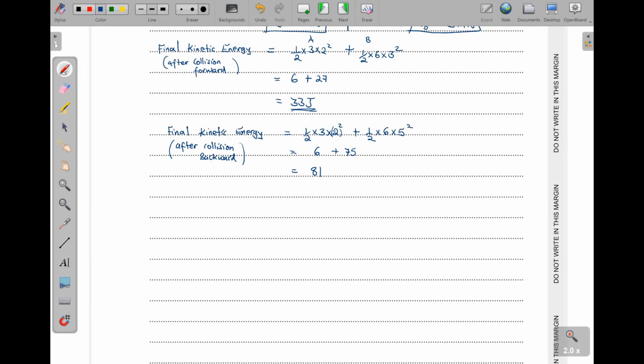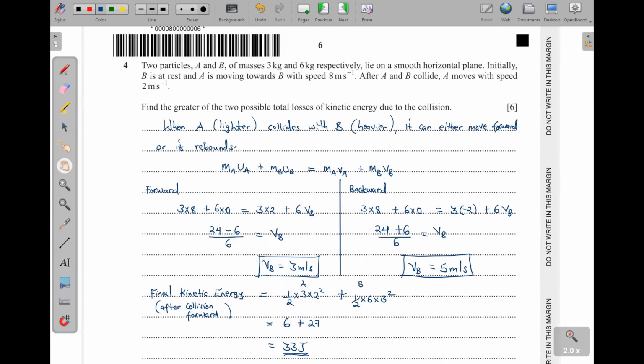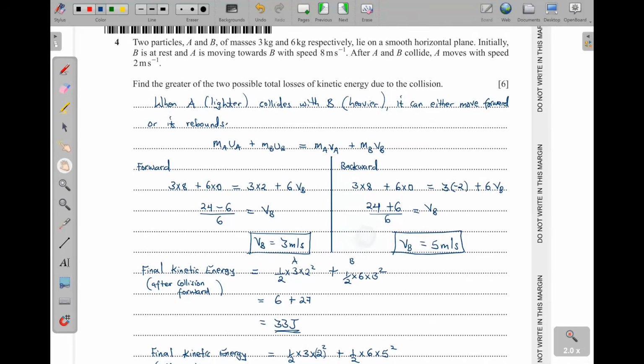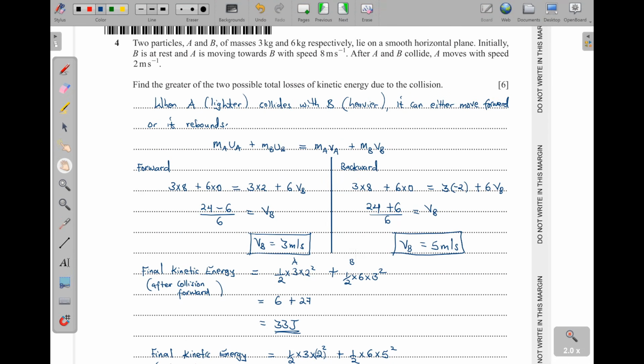Okay, then let's look at the initial kinetic energy. This one is before collision. Since B was at rest and it was only A moving, that means the kinetic energy is due to the movement of A. So A is moving towards B with a speed of 8.